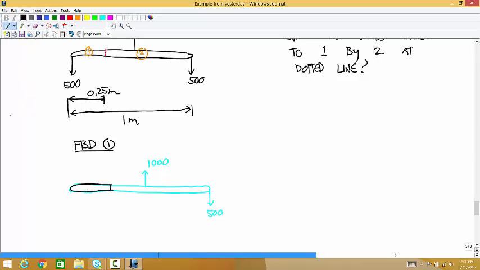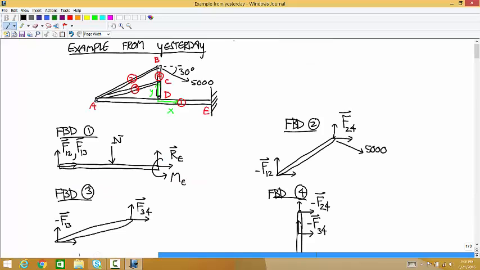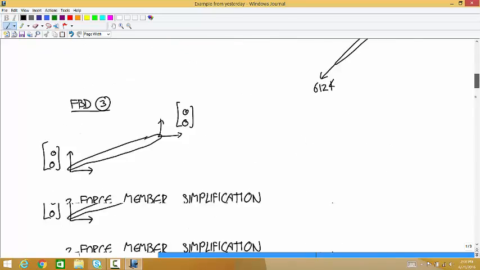And we have to think about what loads are acting on this isolated piece. Definitely the 500 is acting. That one's pretty simple to understand. So where along this boundary is there contact now with the outside world? Yeah, on the right side, there's contact between the part that we've isolated and the rest of the beam. And you can think of that as a joint. What kind of joint is that? It's a fixed joint.